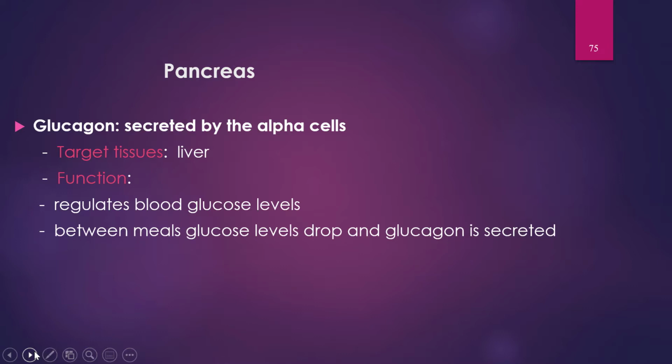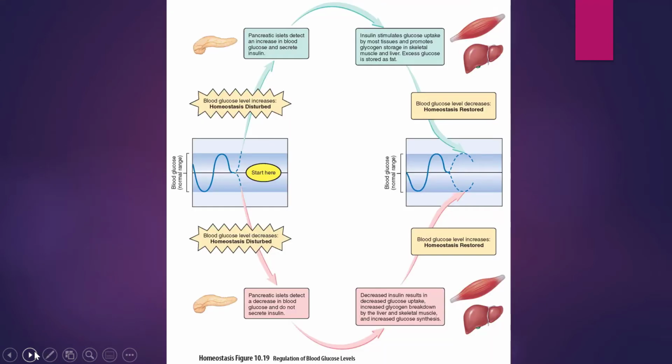Between meals, when you are hungry, the blood glucose level will drop, and glucagon is secreted to increase it. Glucagon will always allow glycogen to be broken down, so it promotes glycogenolysis, if you remember what it is.